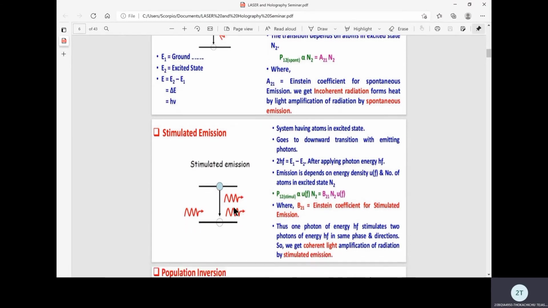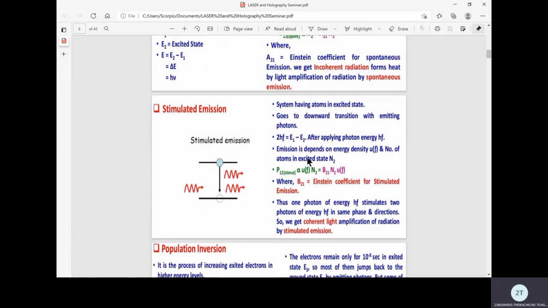So two photons result for one photon which hit our excited atom. We can generalize it as E equals E2 minus E1, which equals 2 h nu, since two photons are released as output.